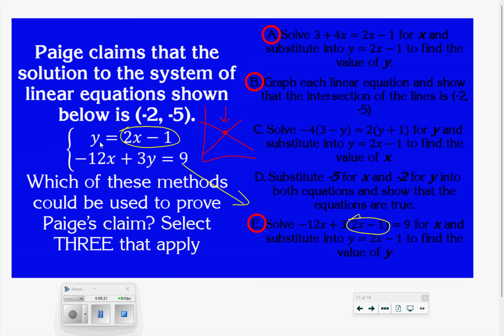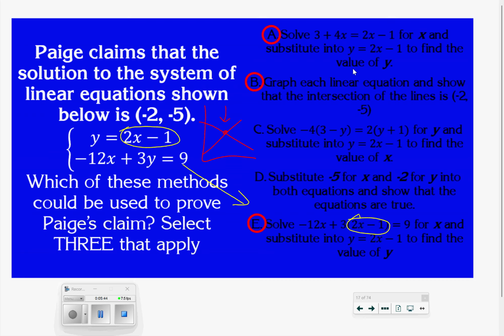We're going to take this y equals 2x minus 1 and plug it in for y right here. And that's what it shows here: -12x plus 3 times 2x minus 1 is y equals 9. First you solve for x, then you come back and find y.